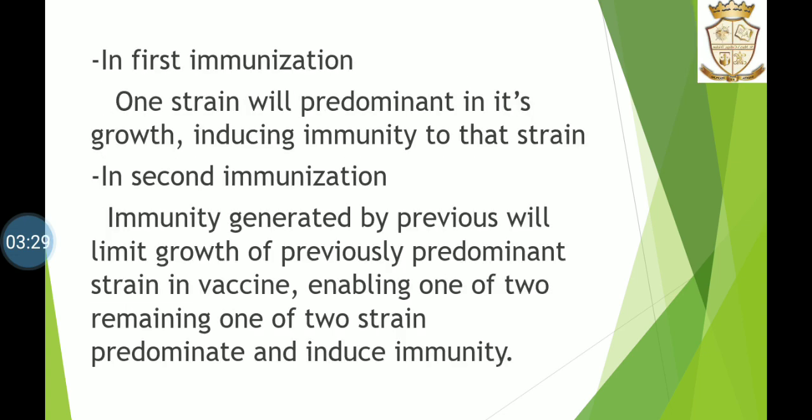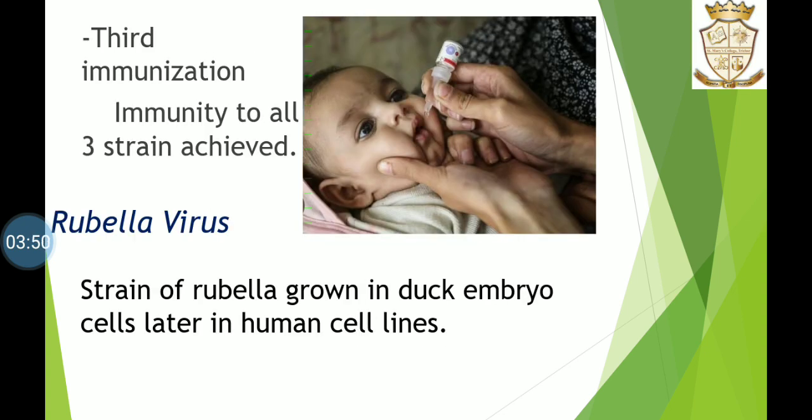In the first immunization, one strain will predominate in its growth, inducing immunity to that strain. In the second immunization, immunity generated by the previous one will limit the growth of the previously predominant strain in the vaccine, enabling one of the other two strains to predominate and induce immunity. In the third immunization, immunity is provided to all 3 strains.